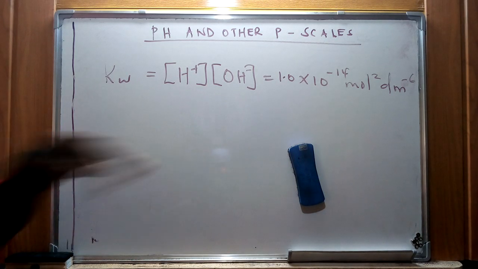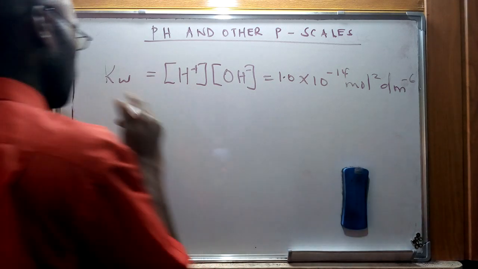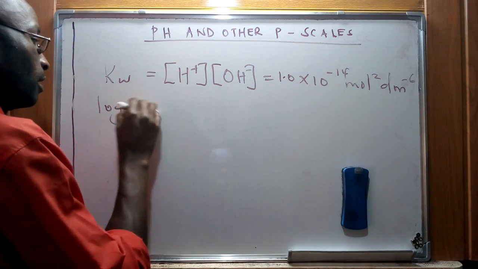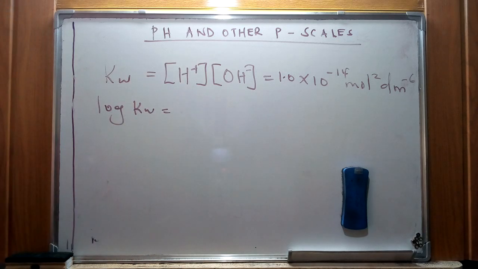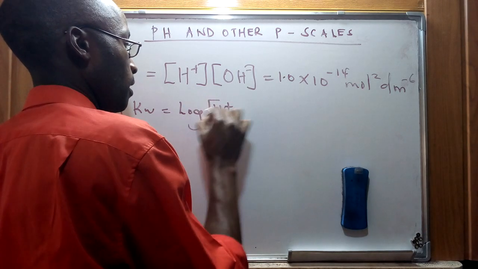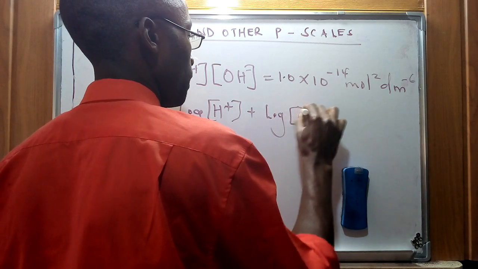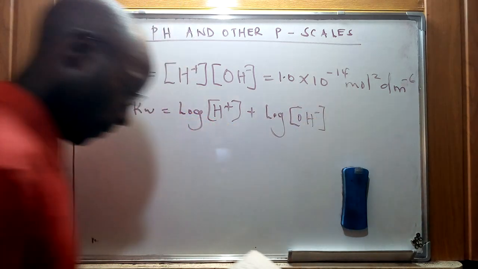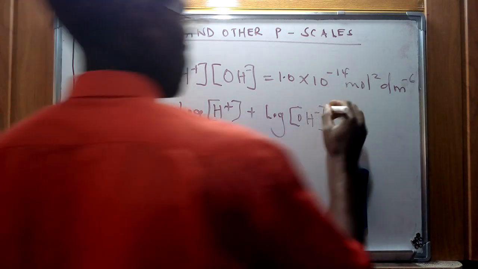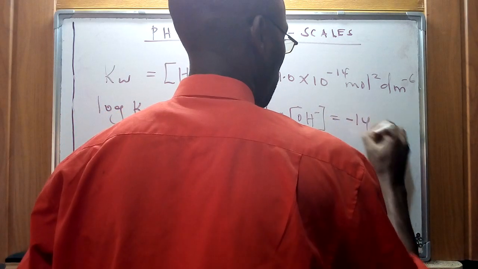Having talked about the concept of addition and subtraction of logarithms, I can just have that as a summary: log Kw is equivalent to the logarithm of the H positive plus the logarithm of the OH negative, which is going to give us basically negative 14.